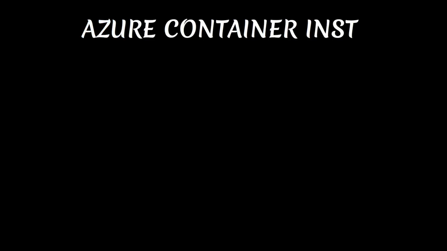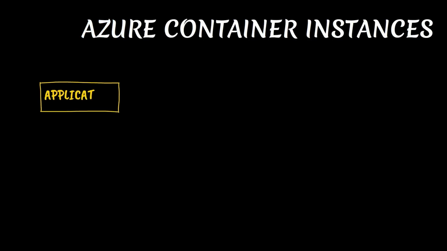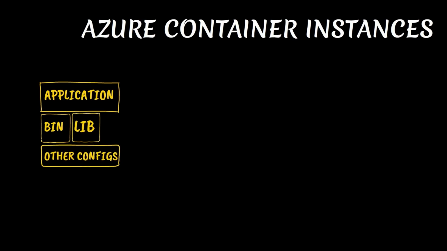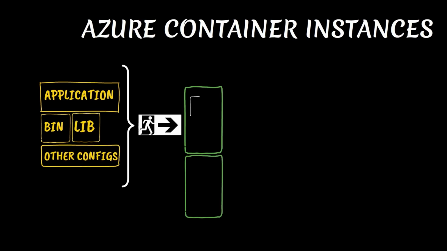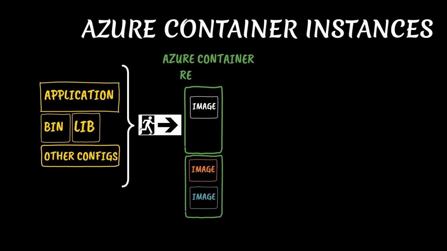Now let's quickly see how container instances work, and then we will jump into the demo. Your development team packages your application along with binaries, libraries, and configuration into a container image. These images are then pushed to a container repository. It could be a private repository such as Azure Container Registry, or a public repository such as Docker Hub.